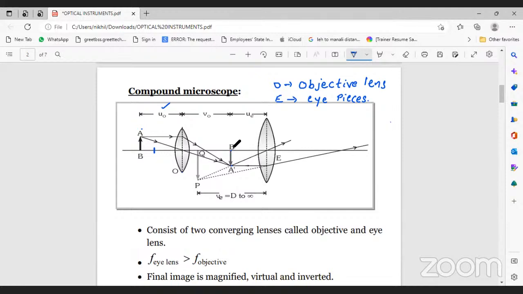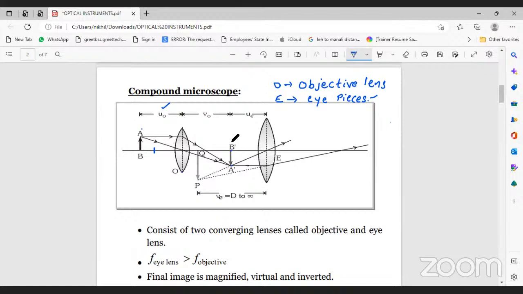In front of this A dash B dash, we place one more lens, which you call an eyepiece. You have to place this eyepiece in such a way that A dash B dash occupies a distance less than the focal length of the eyepiece.